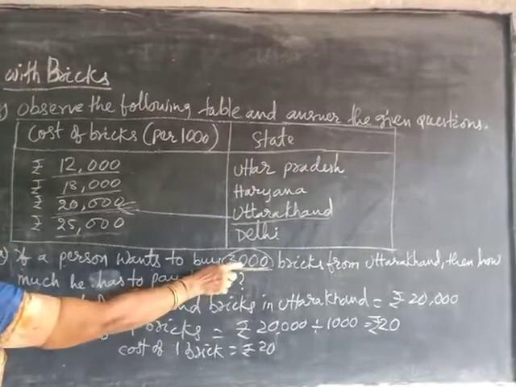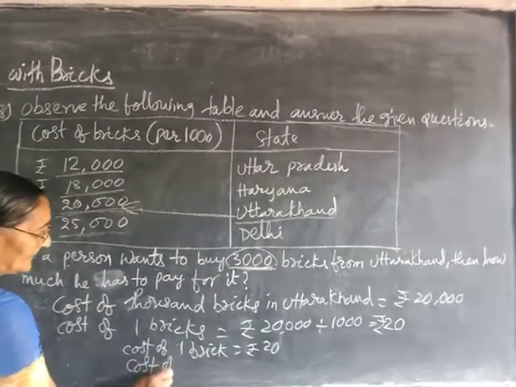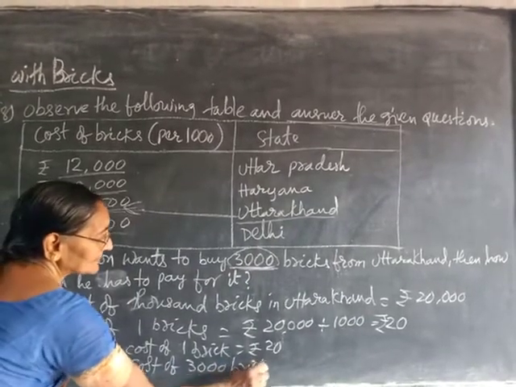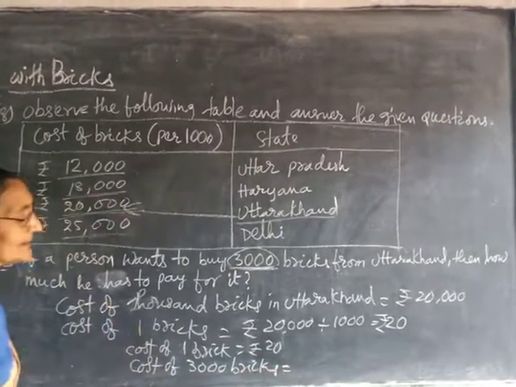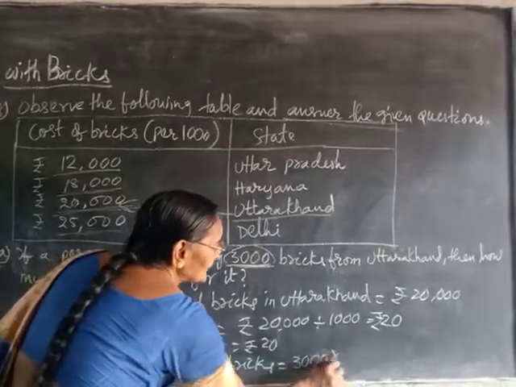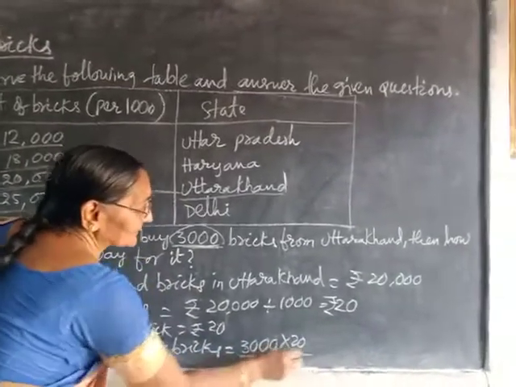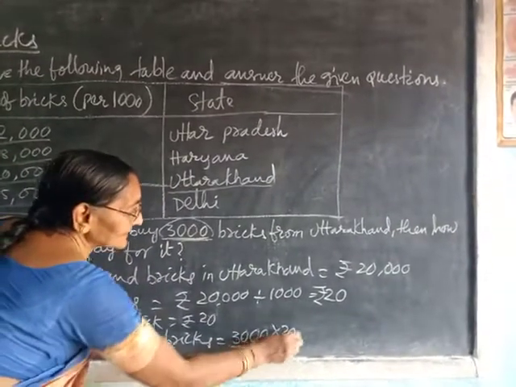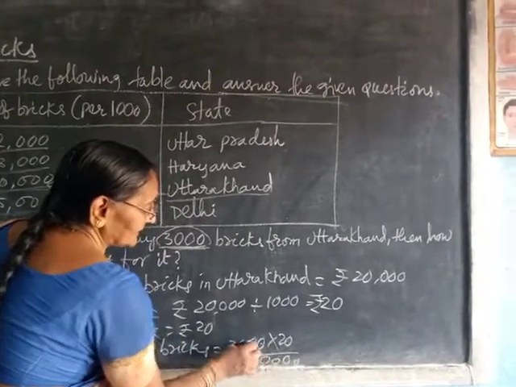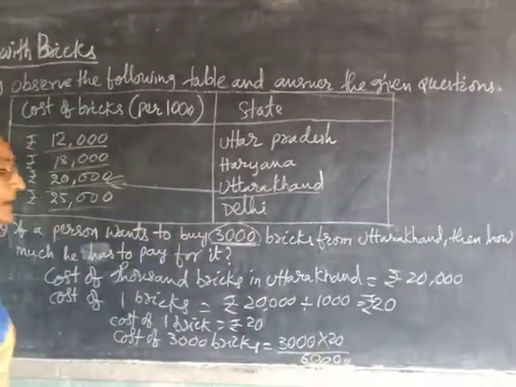How many bricks does he want? He wants 3,000. So the cost of 3,000 bricks: 1 given, more you want, you have to multiply. 3,000 into 20. 3 times 20 is 60, so 60,000 rupees.